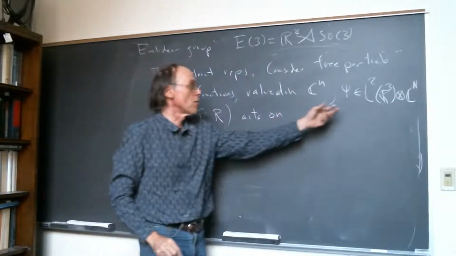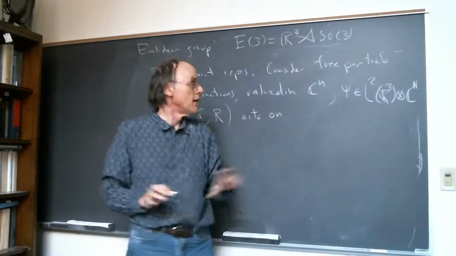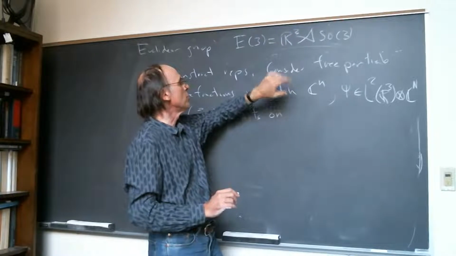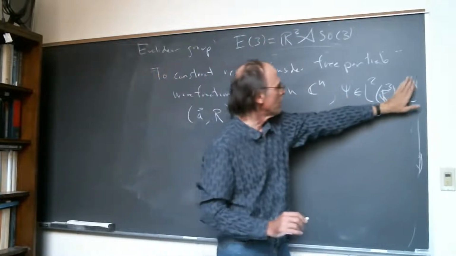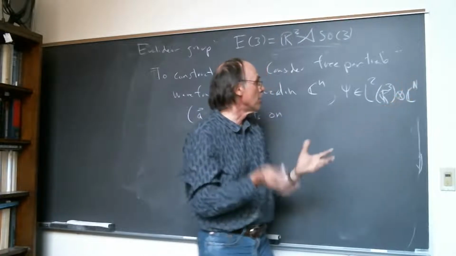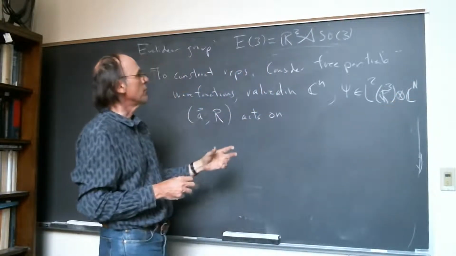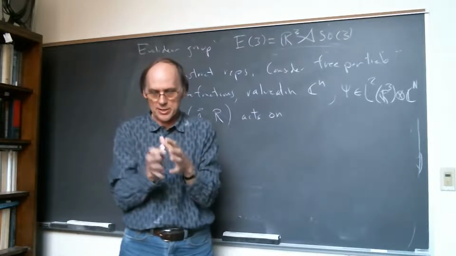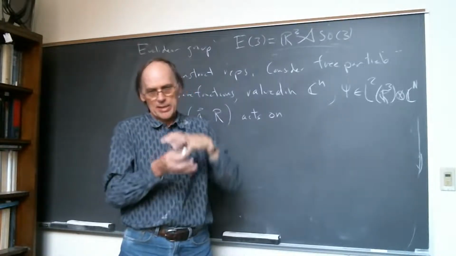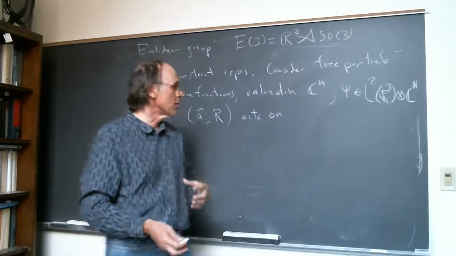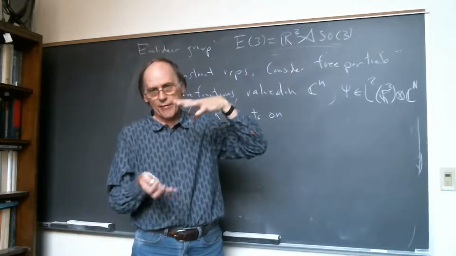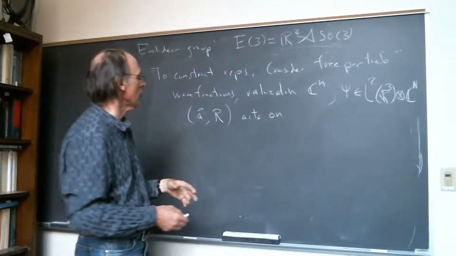If you want to construct the simplest version of E3 representations, you just look at complex valued functions on R3, and then say my first Casimir is just the sum of p squared, but p squared over 2m is the energy. So having a fixed Casimir just means having a fixed energy on psi.